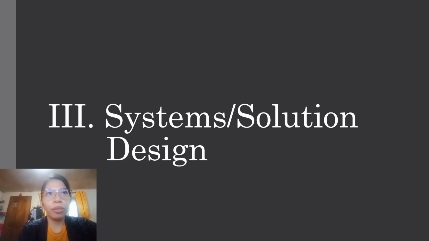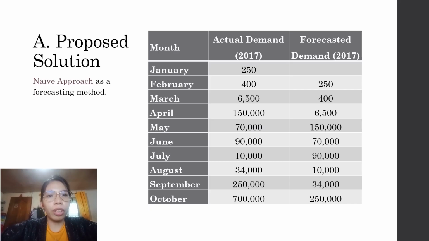Systems or solution design. Letter A. Proposed solution. For the first root cause, one of the proposed solutions in this root cause is to find the appropriate forecasting method for the demand and incorporate that in the new database.